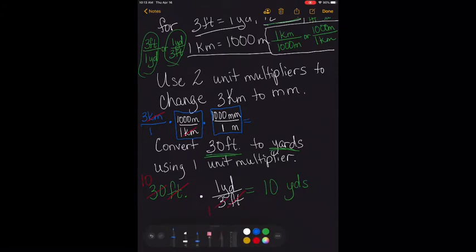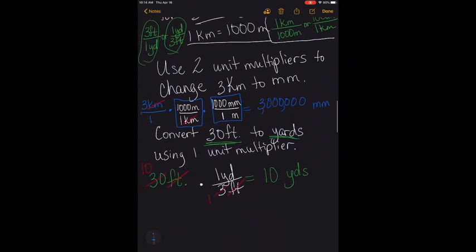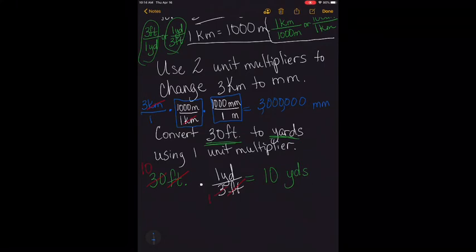Okay, and it looks to me like I'm going to have to move my units over. Move my millimeters way over here. Okay, so now we have 3 times 1,000 times 1,000. So that means we have a 3 followed by 6 zeros. Okay, so 3 kilometers is 3 million millimeters.